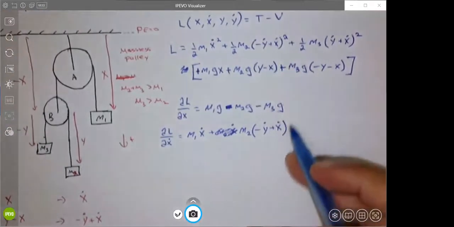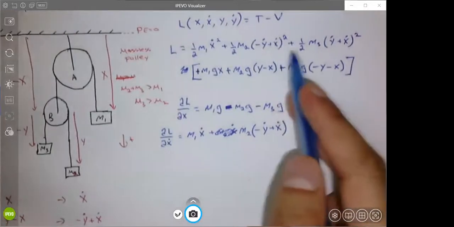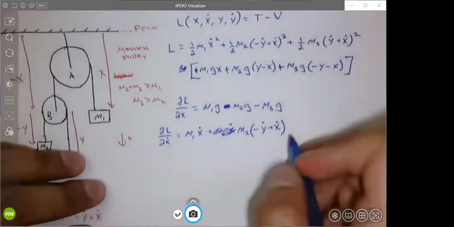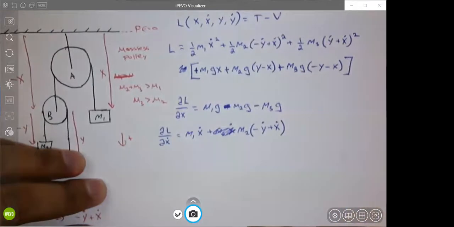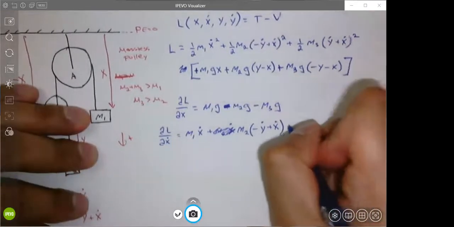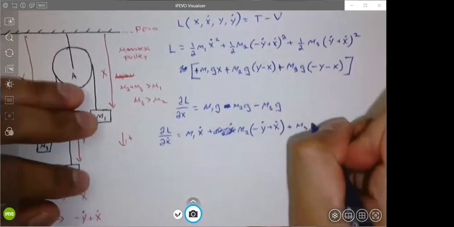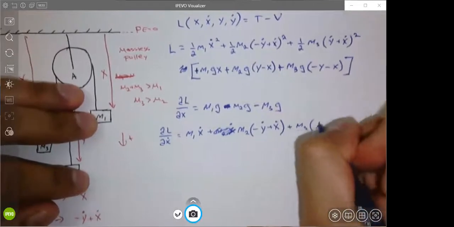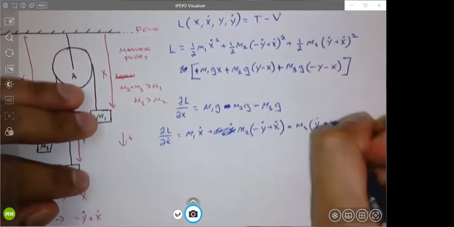So the derivative of x dot is just 1, and that's fine. Finally, over here, again, it's going to be something similar. It's going to be plus m3 parentheses y dot plus x dot.